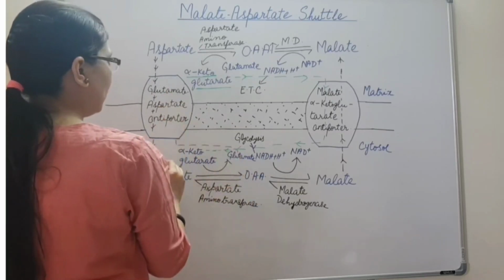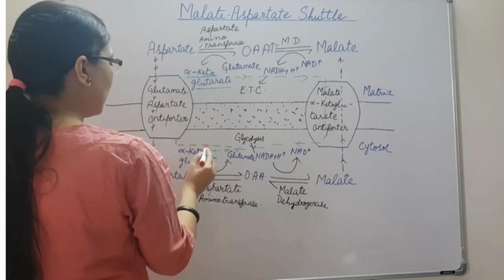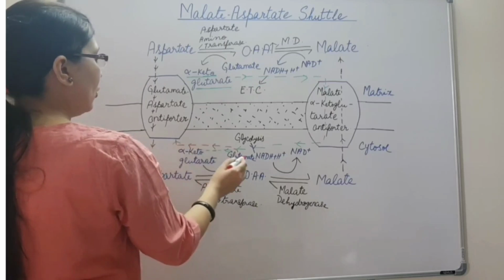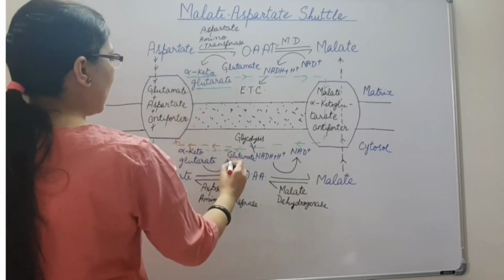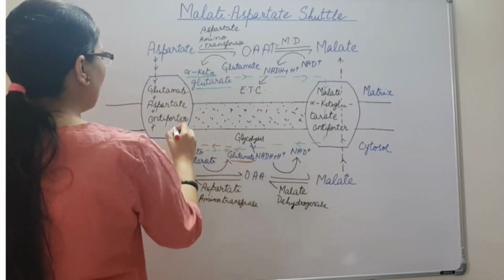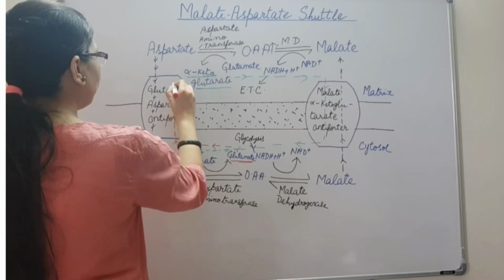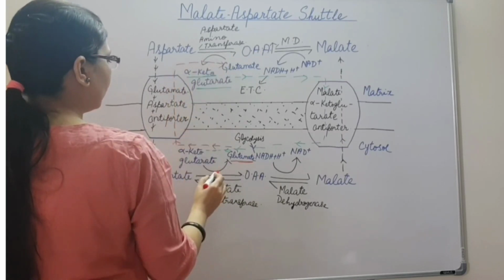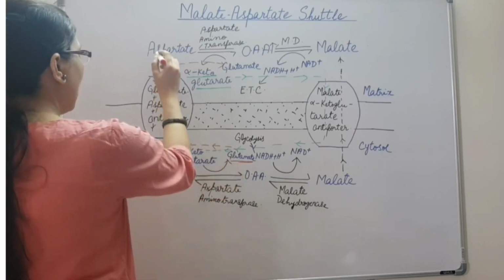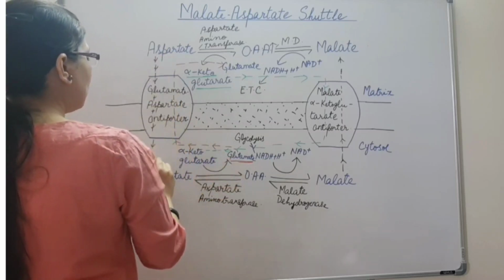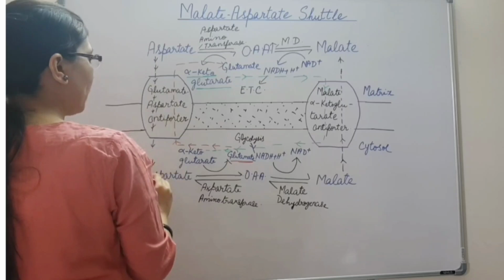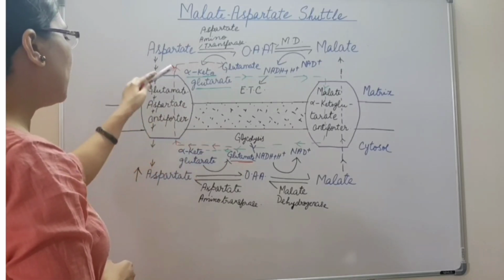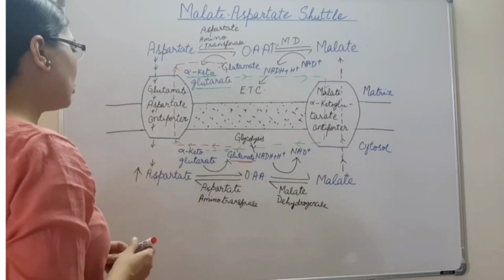Export of the aspartate from matrix to cytosol is coupled with the import of the certain molecule from cytosol to the matrix, and this molecule is glutamate. That means aspartate is exported from matrix to cytosol and glutamate is imported by the mitochondrial matrix from the cytosol.